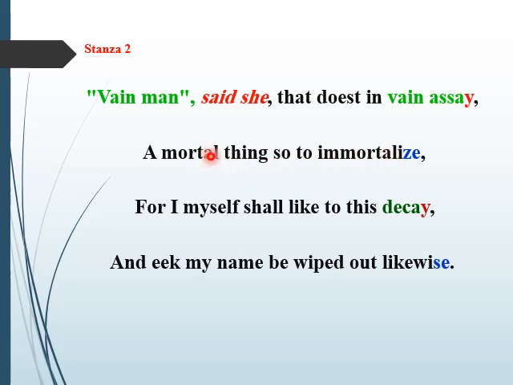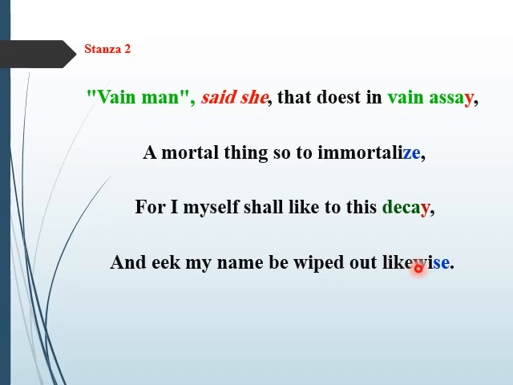A thing that is not eternal cannot be immortalized. What is she telling him this about? About her name. For I myself shall like to this decay, because I myself will vanish, not only my name being erased from the sand. And eke my name, and also my name, be wiped out likewise.